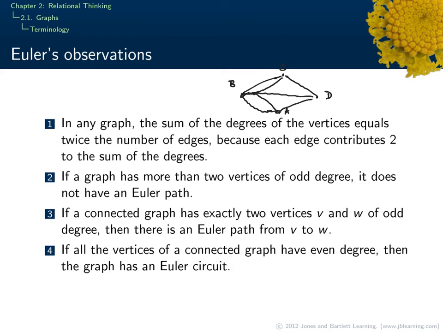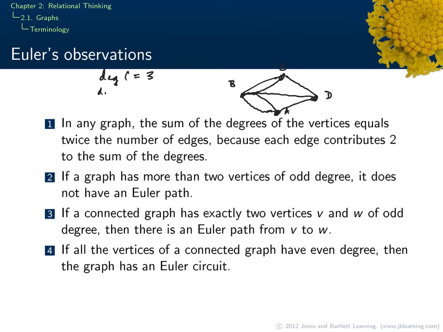Okay, so let's look at this graph and consider observations 2, 3, and 4. So first of all, let's figure out what the degrees are of these vertices. The degree of C looks like 3.